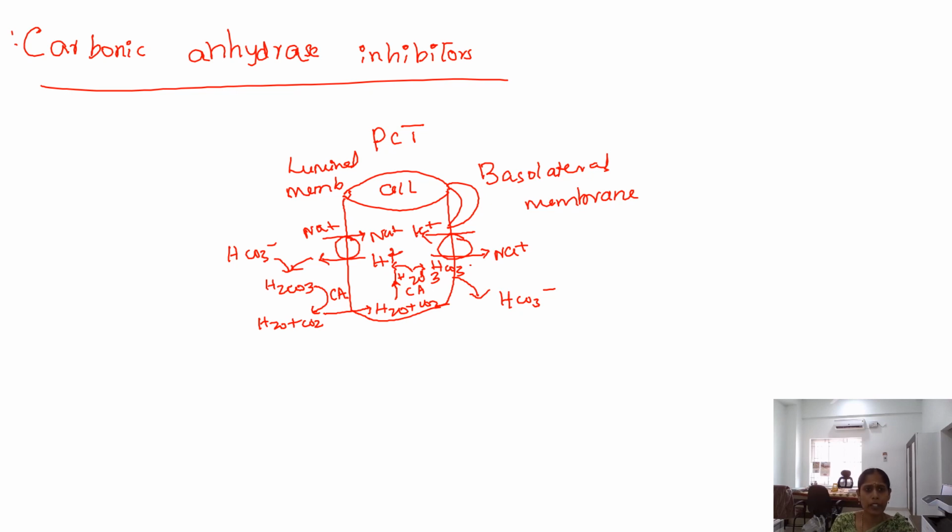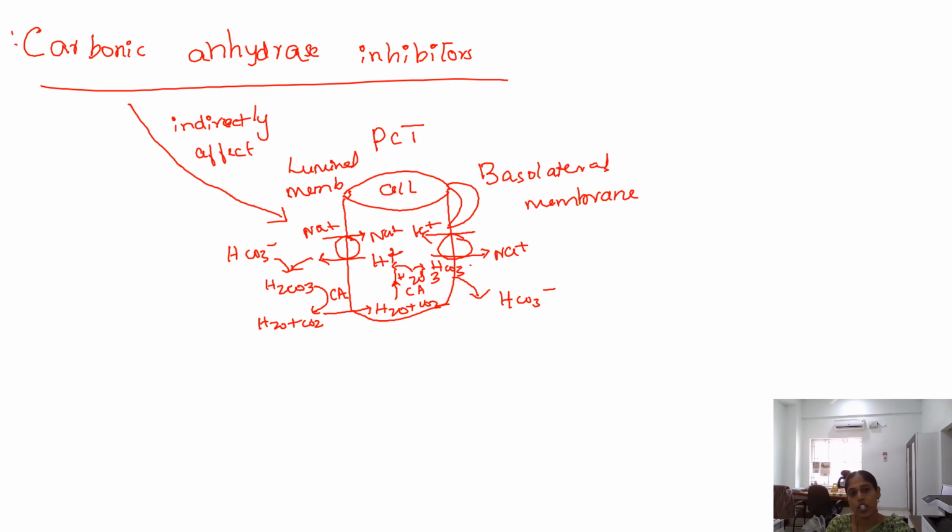So what happens when you give carbonic anhydrase inhibitor? How do they produce diuresis? These carbonic anhydrase inhibitors indirectly affect this Na plus H plus antiporter because this enzyme is inhibited. So there will not be generation of this H plus ions.